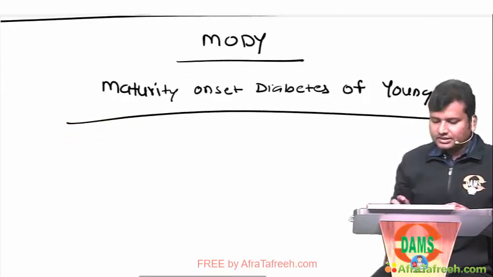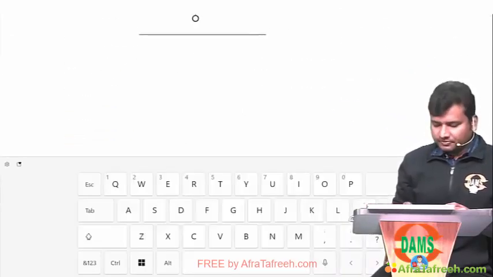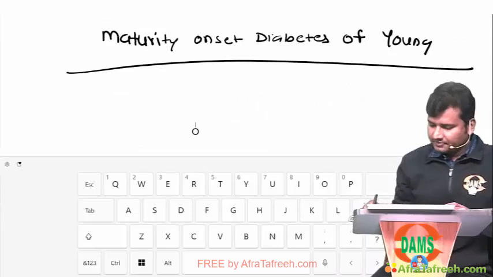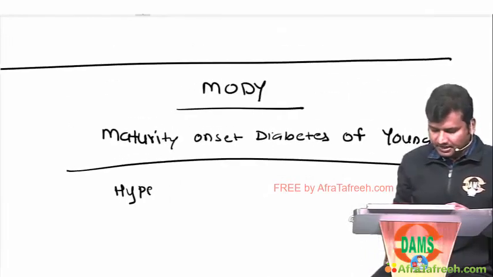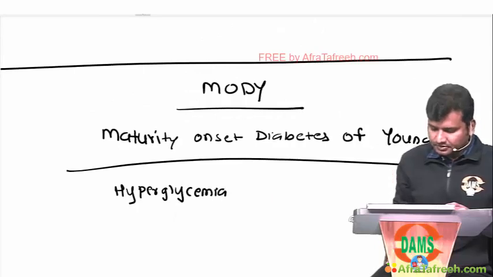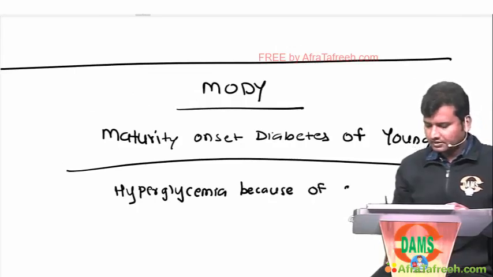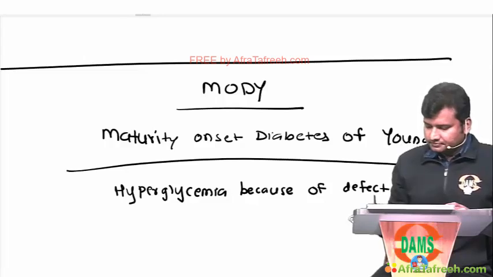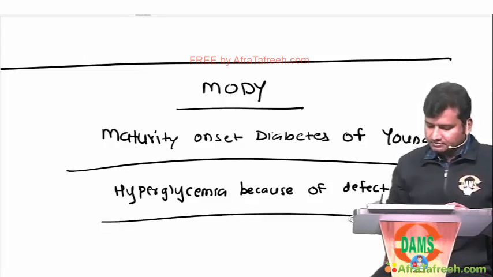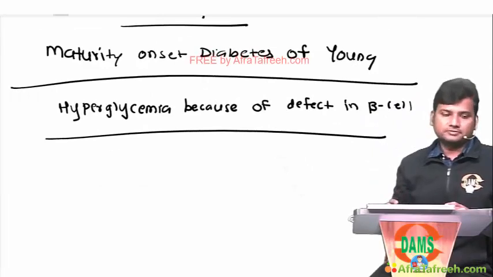What is maturity onset diabetes of young? When a patient has hyperglycemia because of a defect in the beta cell, it is called MODY.